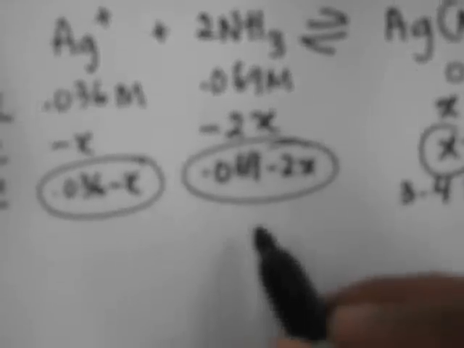So substitute x into the equilibrium concentrations, and then you find K. That's the third part. So K can be found, and the answer would be 1.7 times 10 to the 7. You have to show the work.